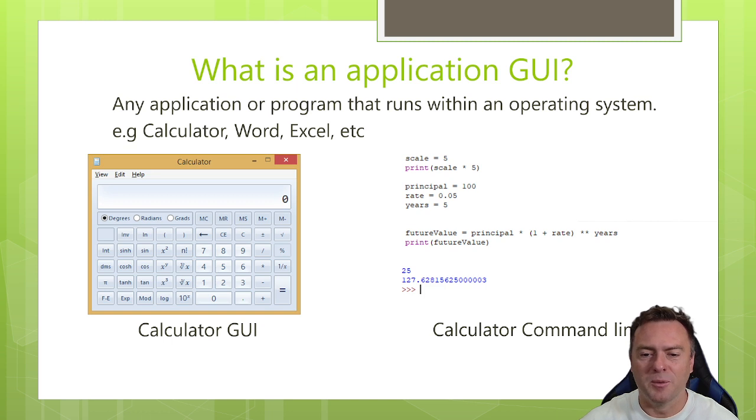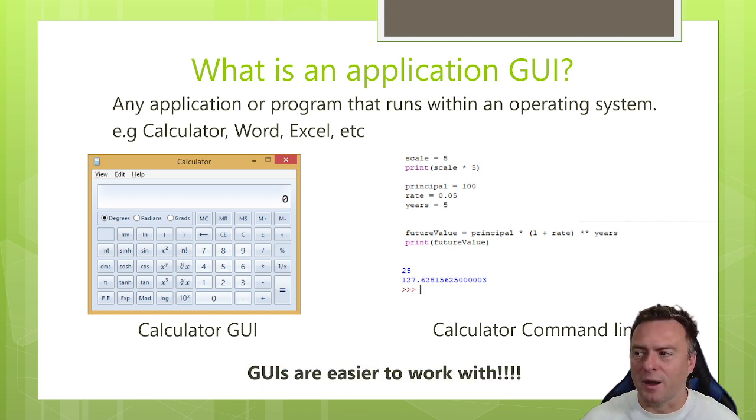You can type away on your computer and it will change different math functions and so on. Most people prefer to work with graphical user interfaces. They are a lot easier to deal with, and people understand what has to happen. And that's what we're going to build today.